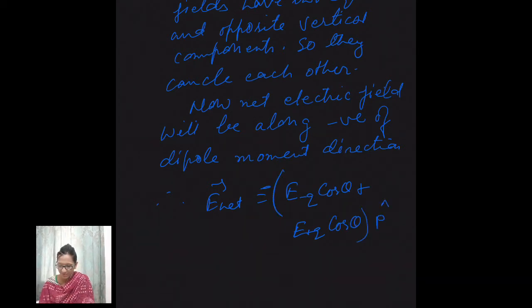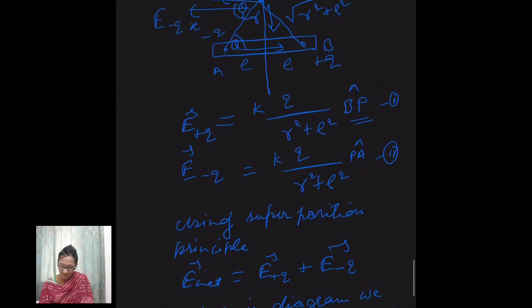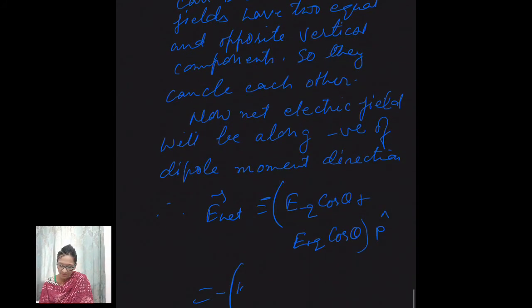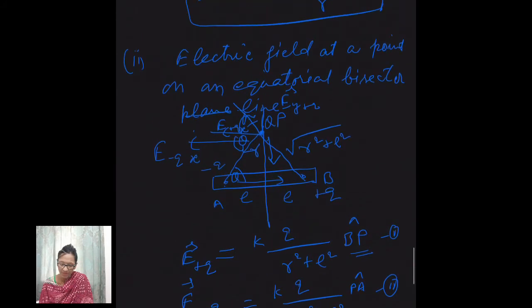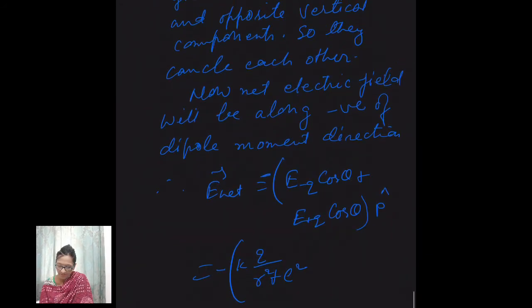So let us find out. This is equal to the electric field due to the negative charge, which is KQ upon R square plus L square, times cos theta. Let us write the value of cos theta. Cos theta is equal to base by hypotenuse, and the base is L, and the hypotenuse is root under R square plus L square.